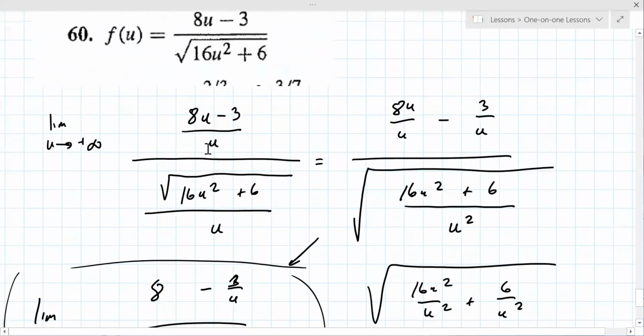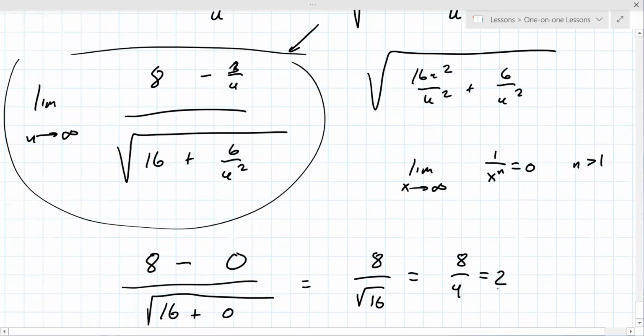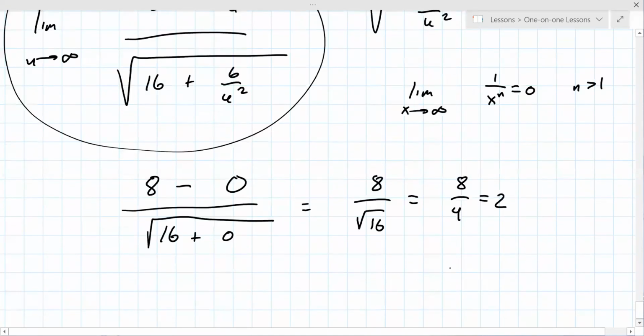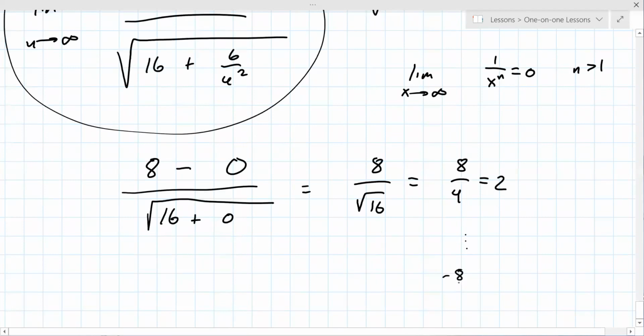So the only thing that'll change in all this work that we did is right here. This will become negative u. So that means this becomes negative 8. So that negative 8 propagates all the way down, and that's how you get, if we could show all this other work, negative 8 over 4 equals negative 2. Okay, that makes sense.